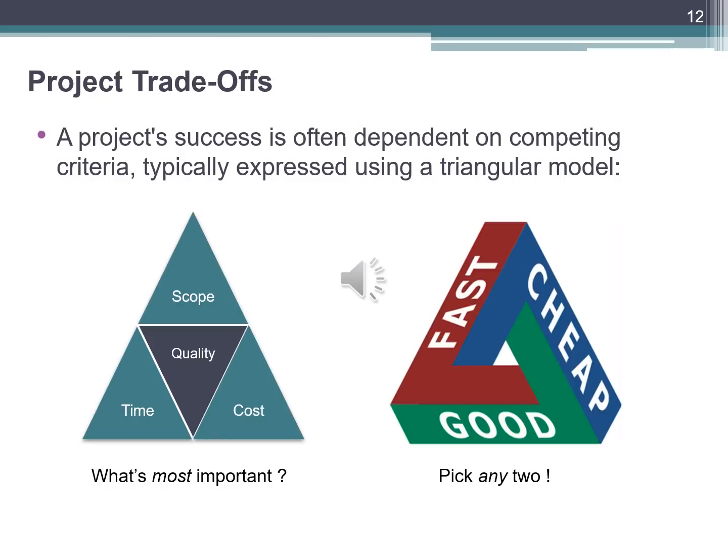In the middle, we see quality, with the other three aspects of scope, time, and cost layered around quality. And on the right-hand side, we see a triangular model that gives us a decision guideline: just pick two. We decide whether we want a fast project, a cheap project, or a good project. We need to pick at least two of these parameters.